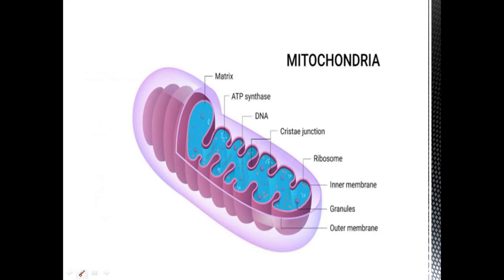This is the structure of mitochondria. You can see mitochondria is a double membrane structure having an outer membrane. This transparent membrane is the outer membrane, and this folded purple structure is the inner membrane, and in between the outer membrane and inner membrane is called the inner membrane space.